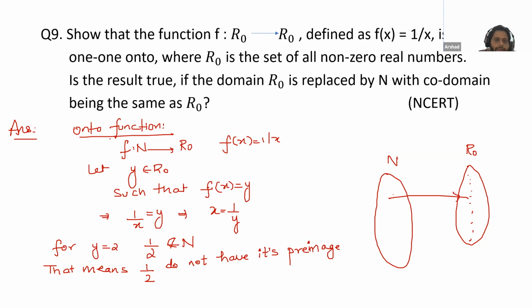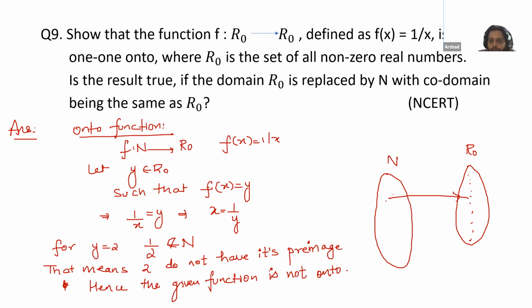Sorry, I have written the opposite. Just give me a minute. That means 2 does not have its pre-image, hence the given function is not onto.